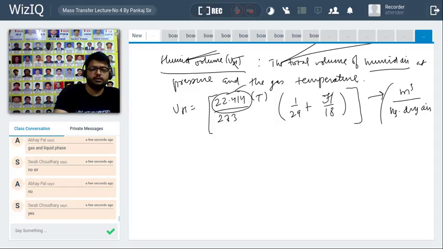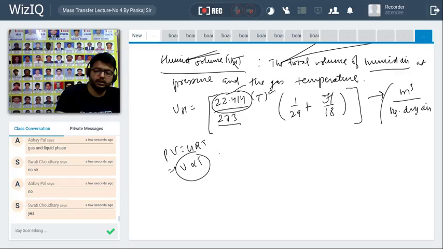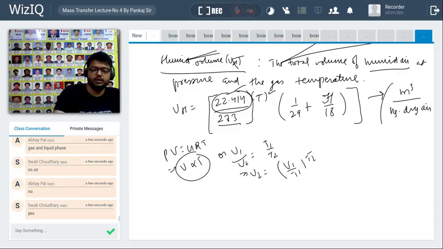The volume is directly proportional to T, so V1 over V2 is equal to T1 upon T2. So V2 is equal to V1 by T1 into T2. So we have done that. Since we needed the absolute values, we have done this thing.